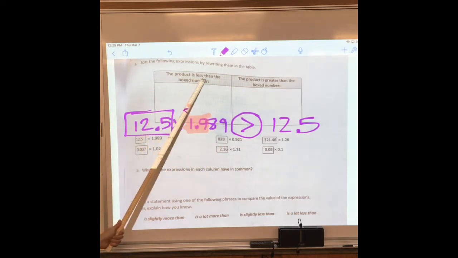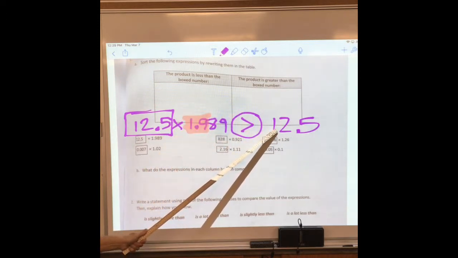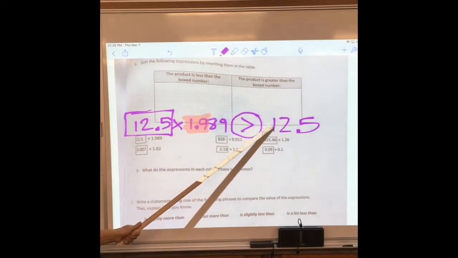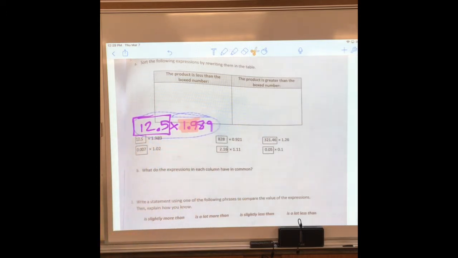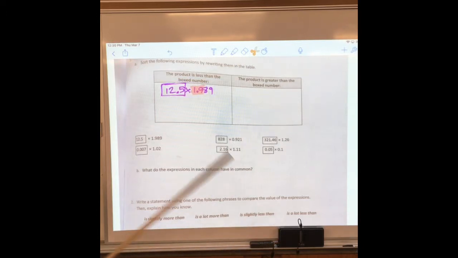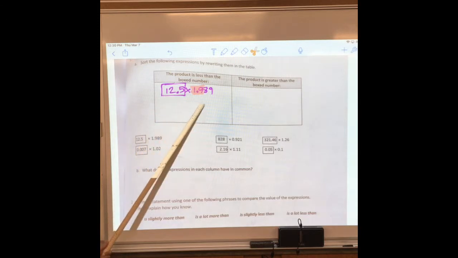The product is less than the boxed number. This is less, right? Less than this number. So we would put that in here. Okay, I shrank that down and put it in our box, right?